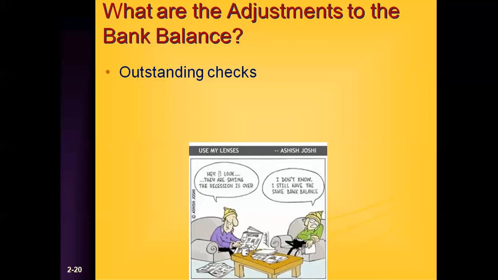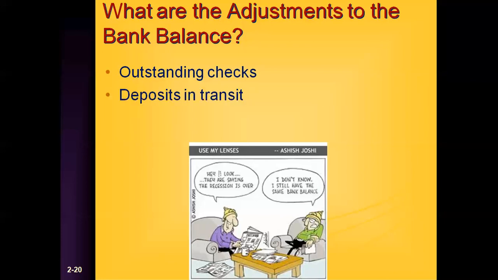I'm sorry, you would subtract outstanding checks from the bank balance, because you have written the check and the bank has not deducted it from your balance. So that would be a subtraction.